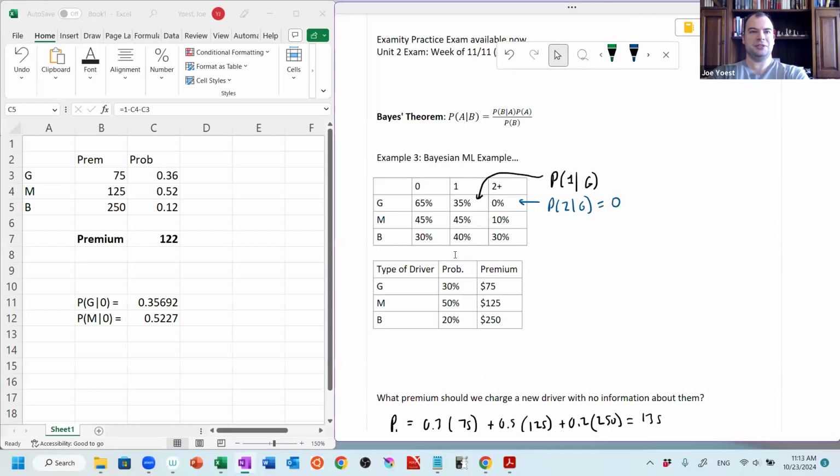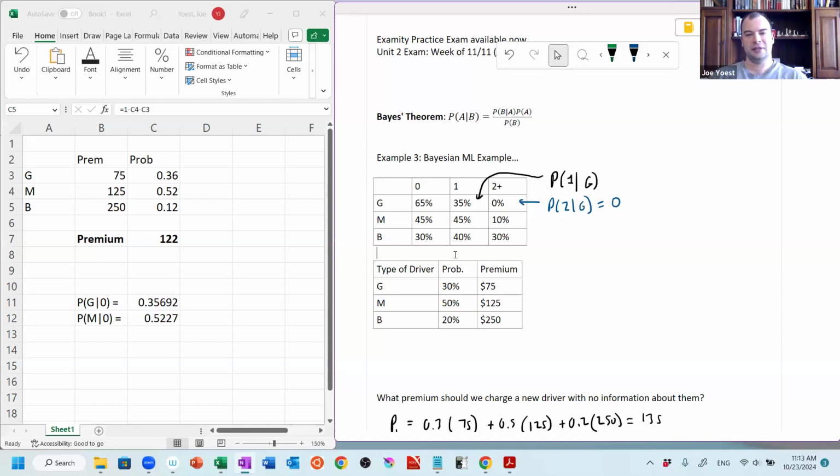If somebody got in 2 accidents, their chance of being a good driver would go way down. Maybe it goes down to 1%, but then after a good year with no accidents, maybe it goes back up to 3%, and then up to 5, then up to 8, then up to 10. So they can climb out of the hole with enough evidence of them being a good driver.